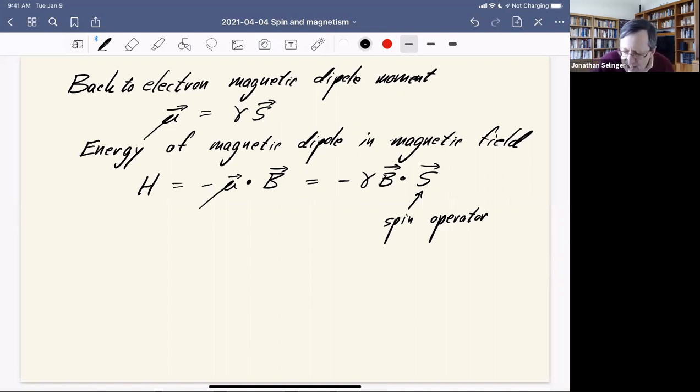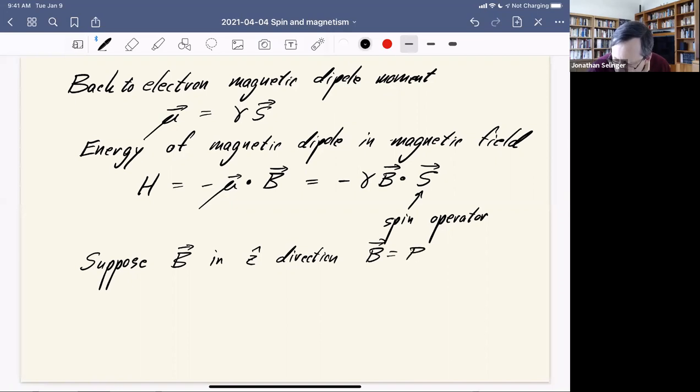Let me show you an example of how we could work with this. Suppose that we apply a magnetic field in the Z direction. So the B vector is some B naught times the unit vector in the Z direction.